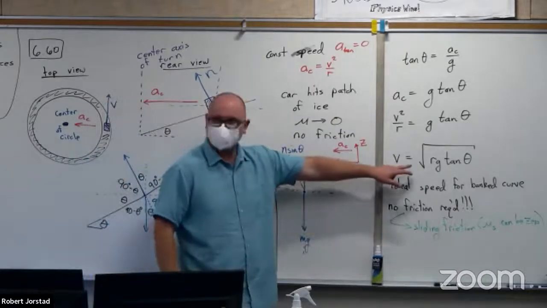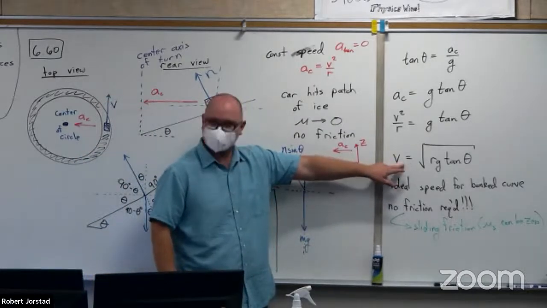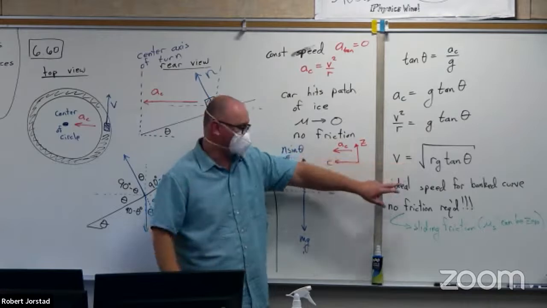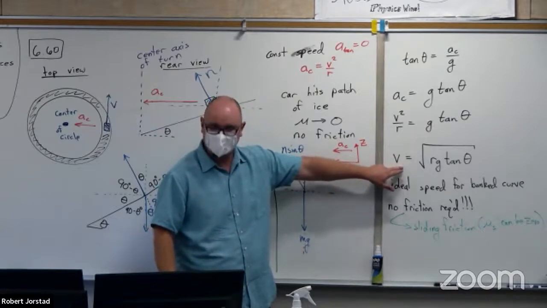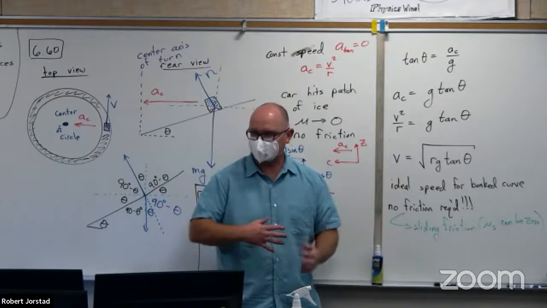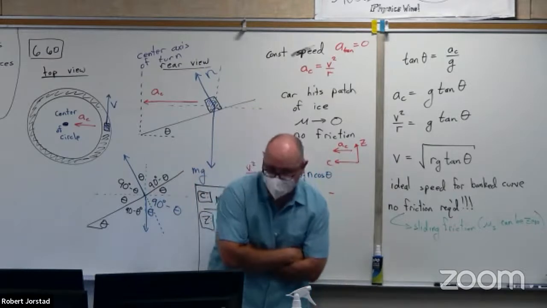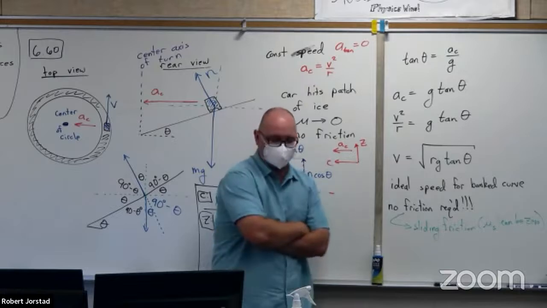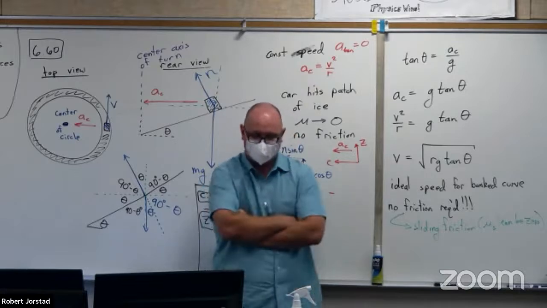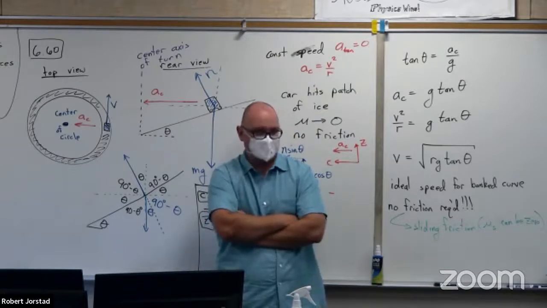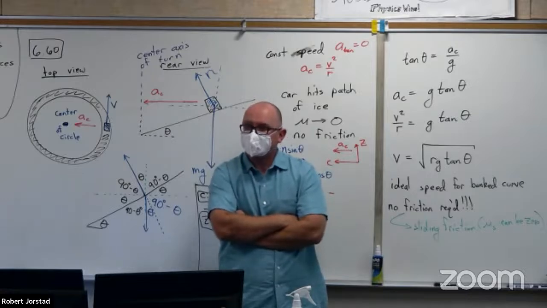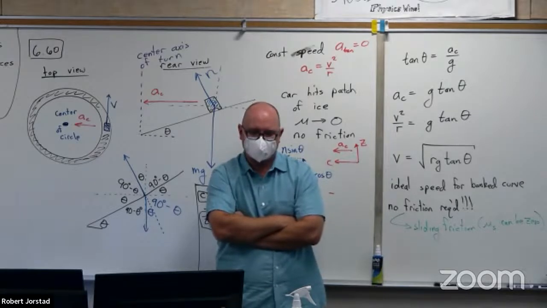If you're going too fast, by that I mean faster than this speed, do you think you would tend to slide towards the outside or to the inside of the turn, relative to the turn? Did anybody say it? I couldn't hear.